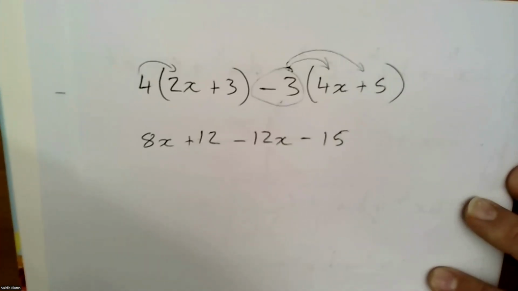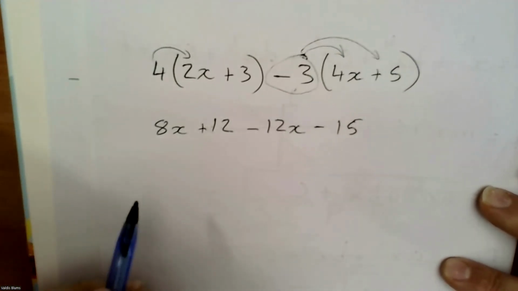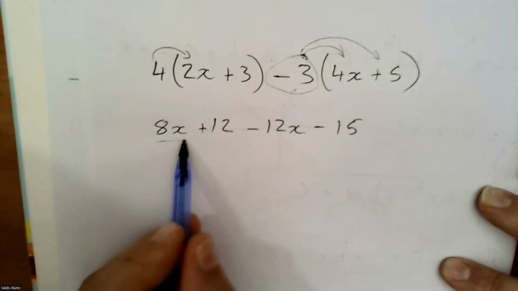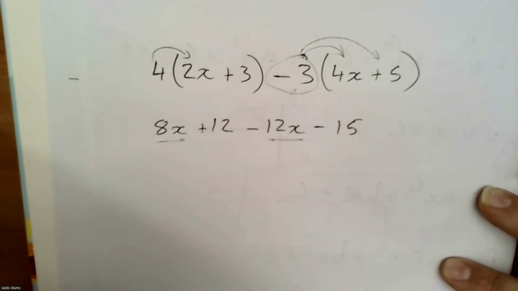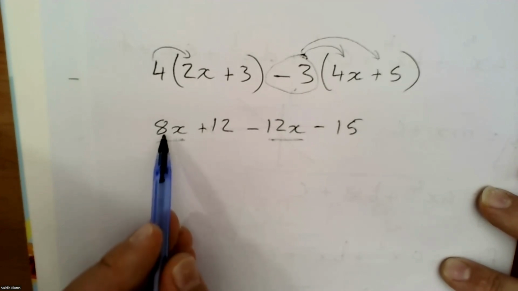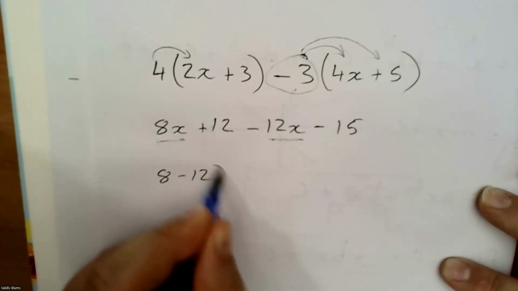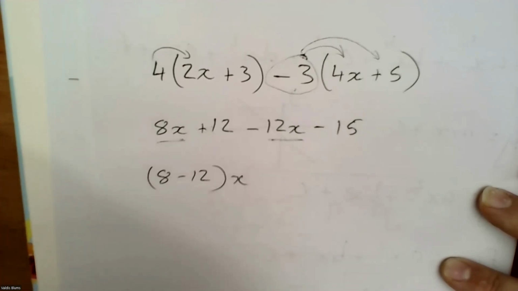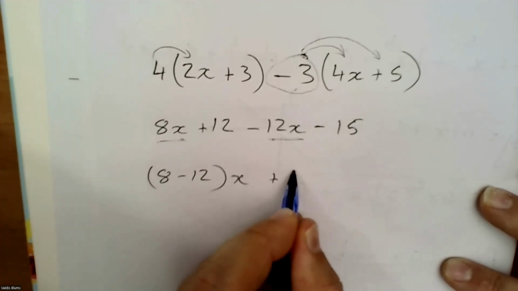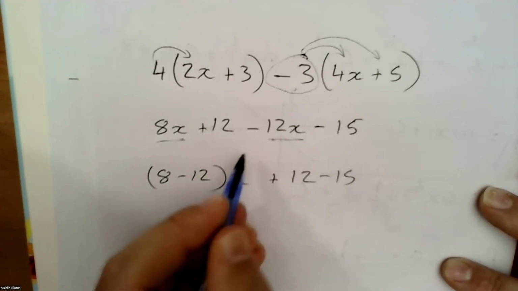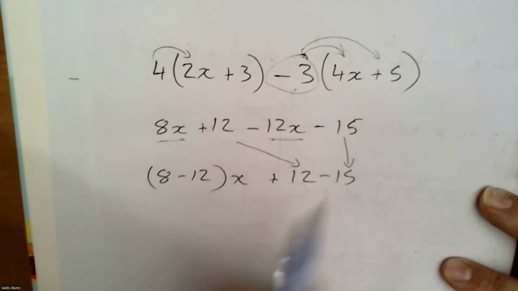So we've expanded that, and then we collect our like terms. We can see that we have two terms that contain an x, so we can factorize x out from those two. We have 8 minus 12x, plus 12 minus 15. So that 12 is there, that 15 is there.